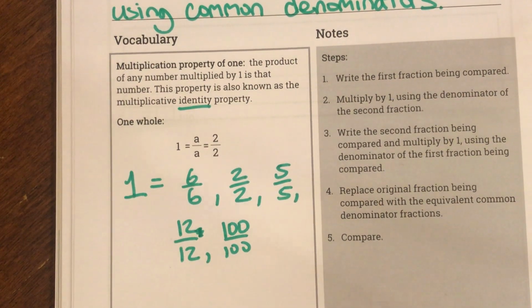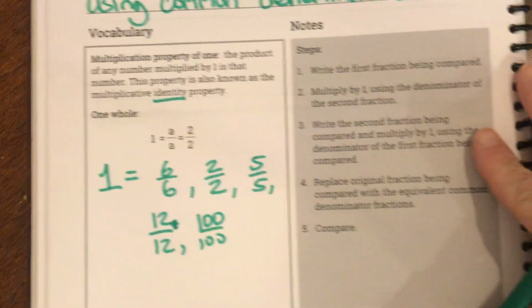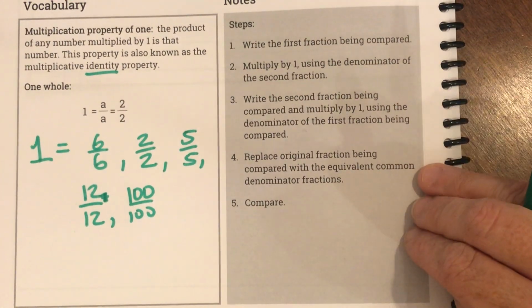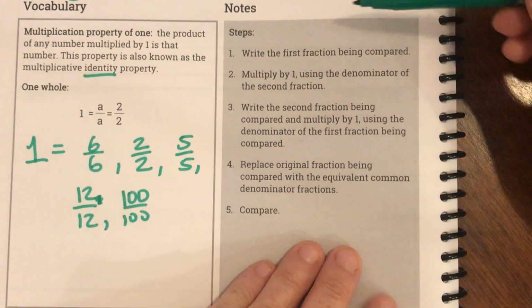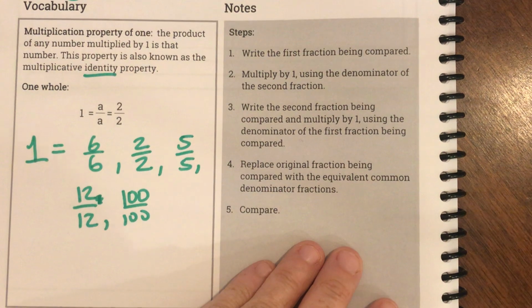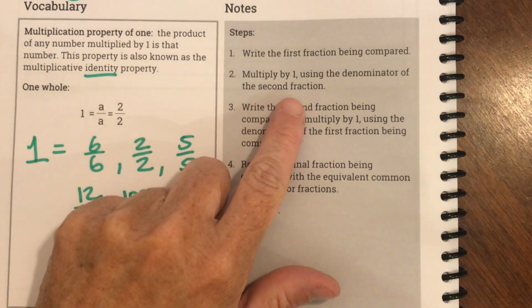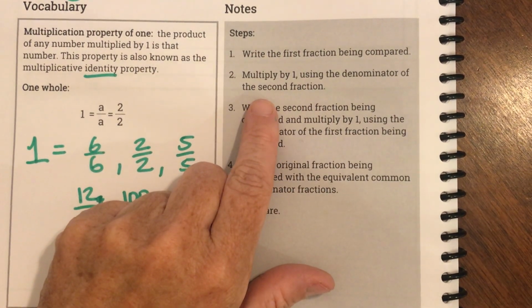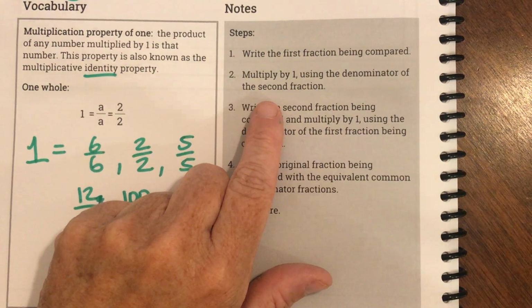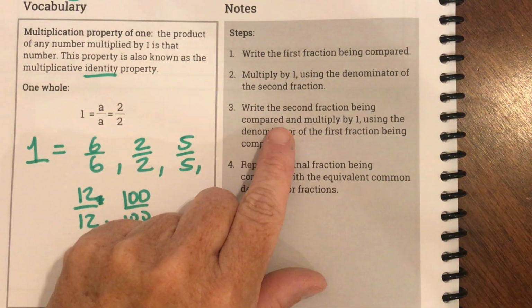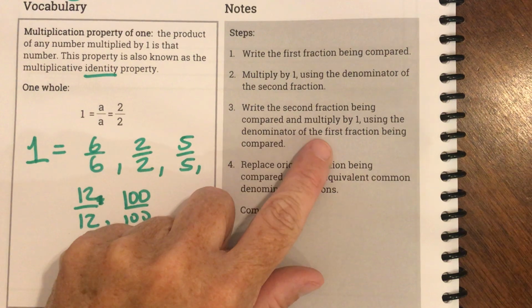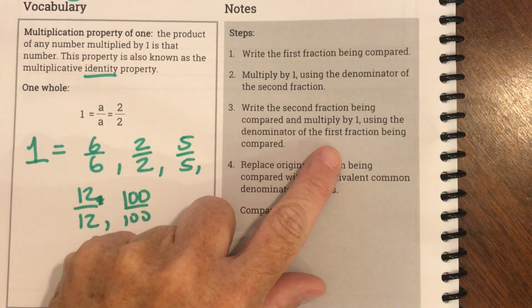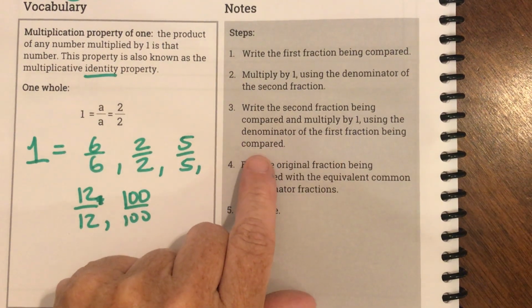Our steps today are really long when we read them, so I'm going to read them to you, but then I want you just to follow along with how I do them. We're going to write the first fraction being compared, and multiply it by 1 using the denominator of the second fraction. Then we write the second fraction being compared and multiply by 1 using the denominator of the first fraction.